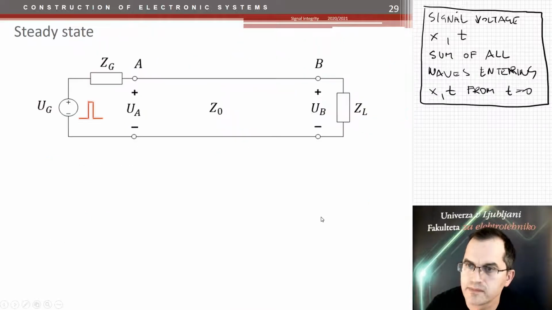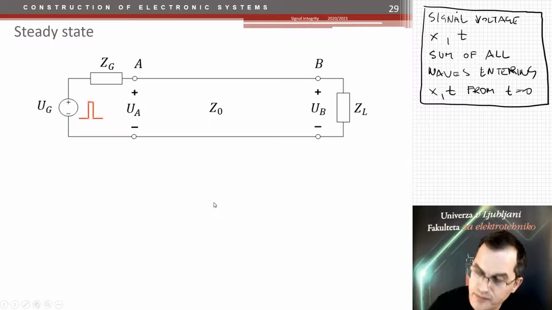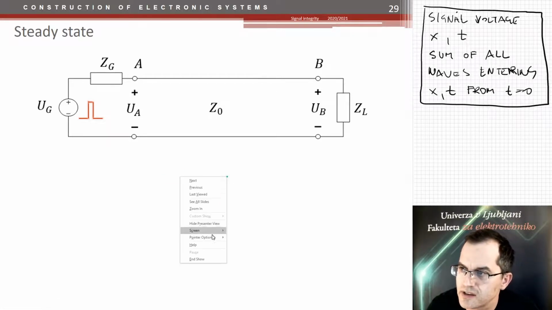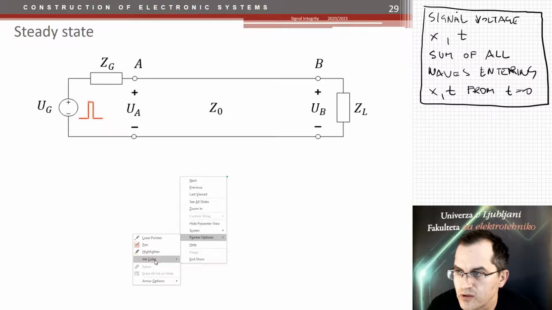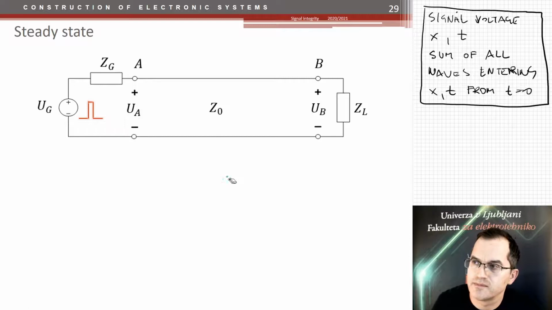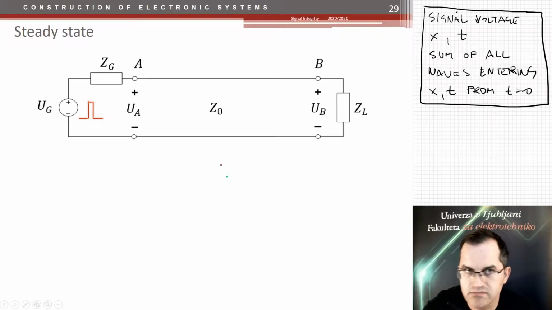Okay. What about steady state voltage? Steady state voltage, that's interesting. The thing is that after the waves on the transmission line diminish, they reach a steady state value, and we have to calculate how much that is.